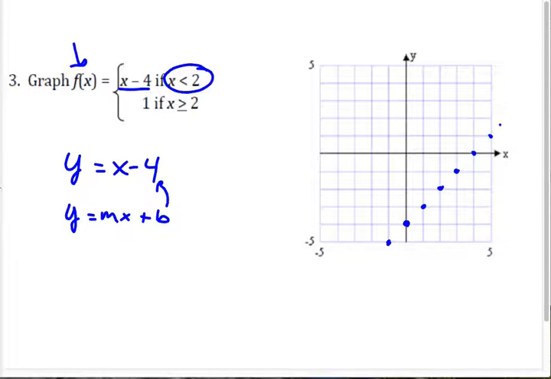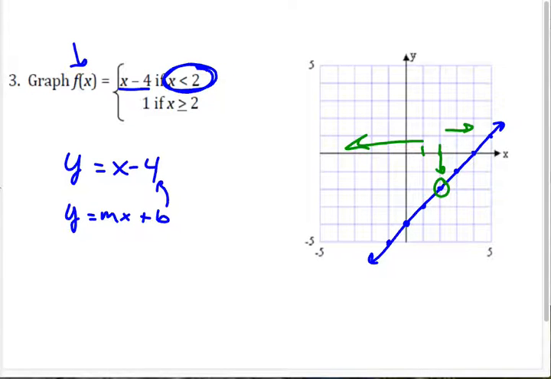So here's my line. Now, do I want the whole thing? No. I just want a piece of this line. I only want the values of this line where x is less than 2. Well, here is 1, 2. Here's where x equals 2. This point right here. Now, anything going to the left would be less than 2.